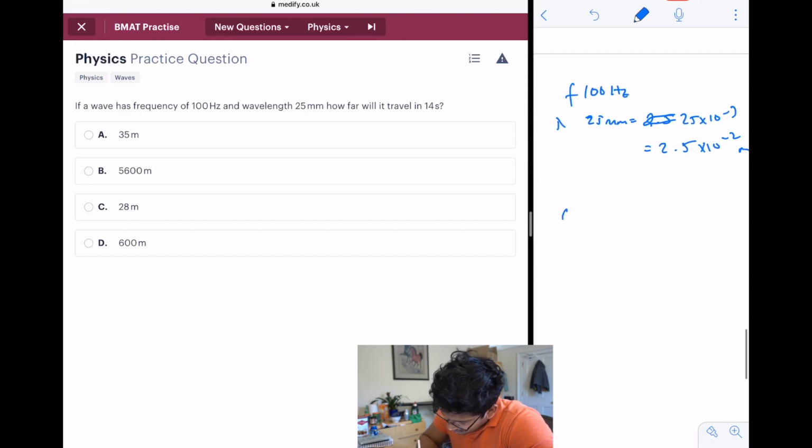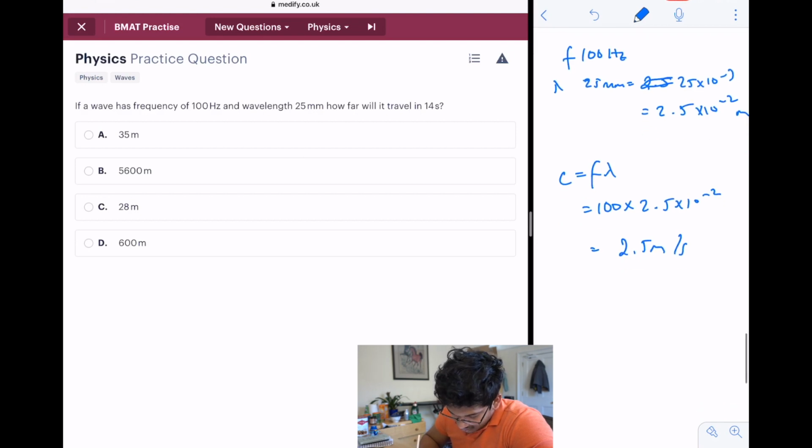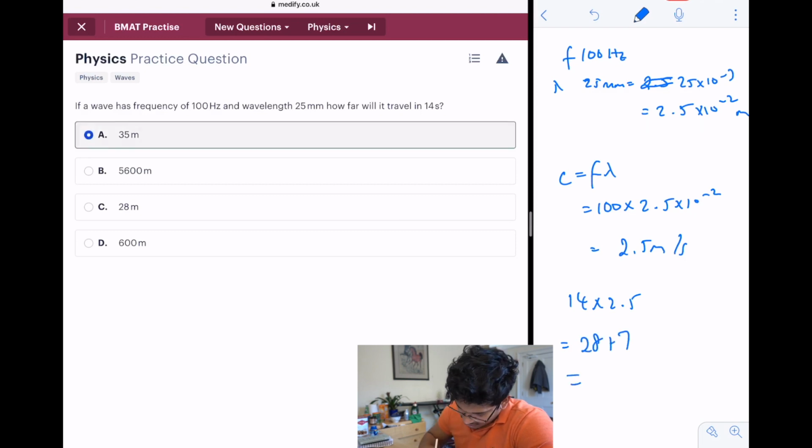So C equals f lambda, which is 100 times 2.5 times 10 to the minus 2, which is equal to 2.5 meters per second. So in 14 seconds, 14 times 2.5 is equal to 35 meters.